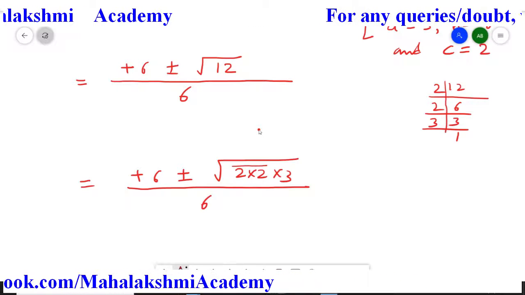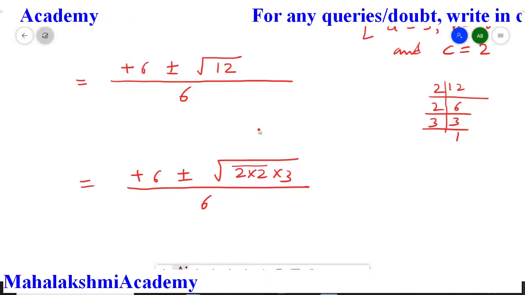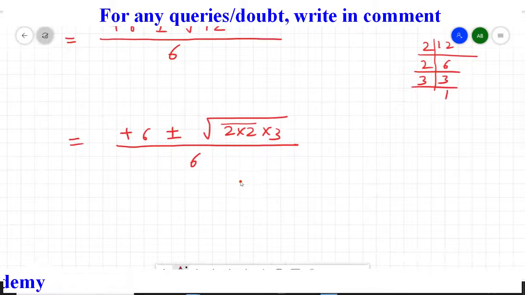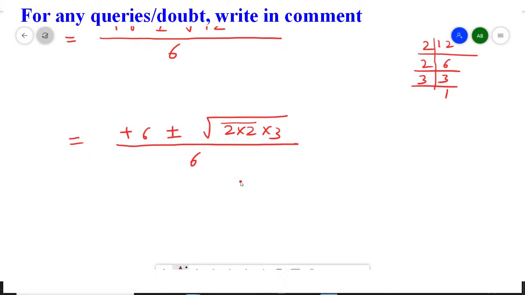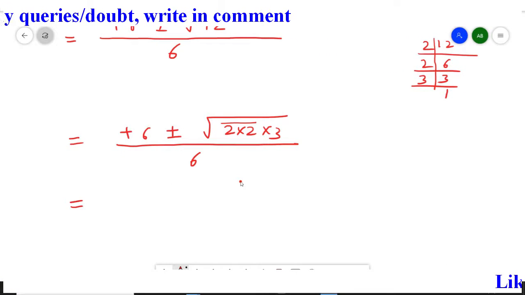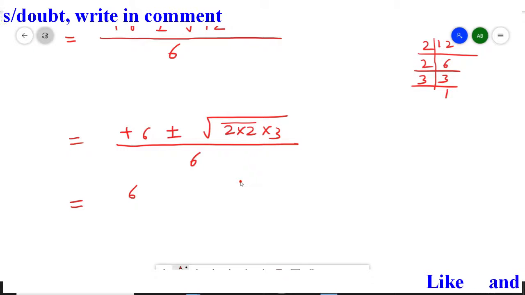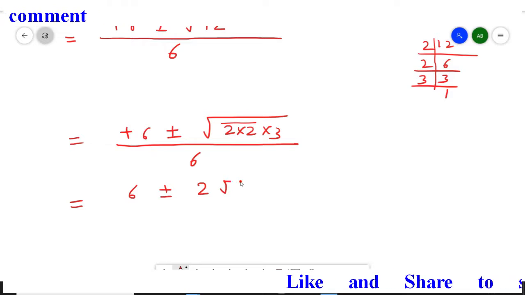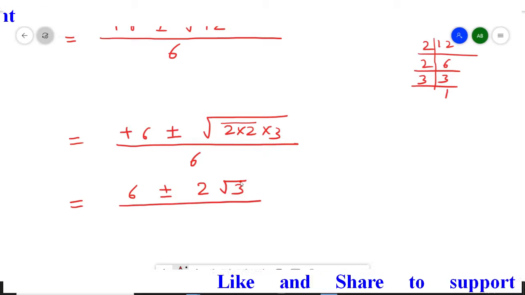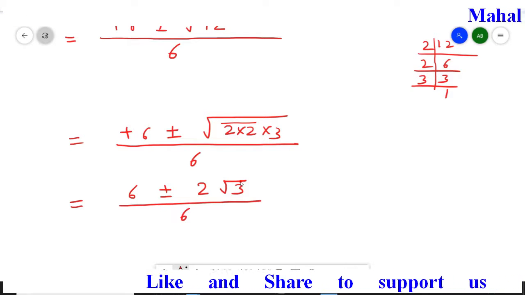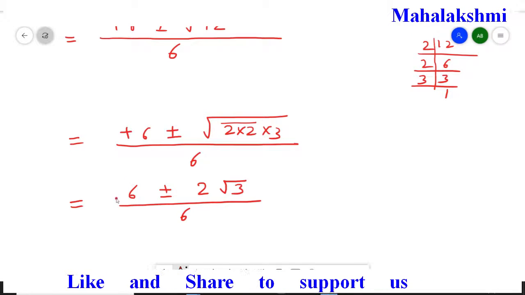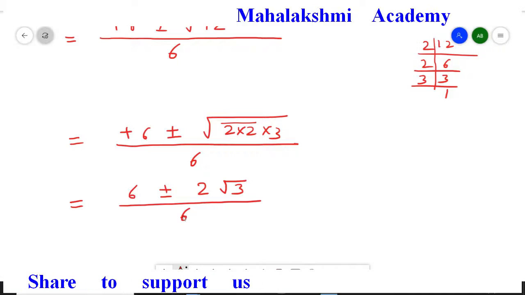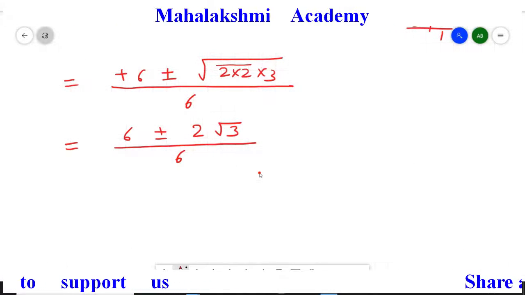We will make the pairs here because we have to find the square root. So when we find the square root, you have to make pairs of the same terms. So from one pair, one number will come out. So this 6 as it is, and plus minus 2 will come out and 3 will remain inside, upon 6. Now we'll take 2 common and divide by 6.